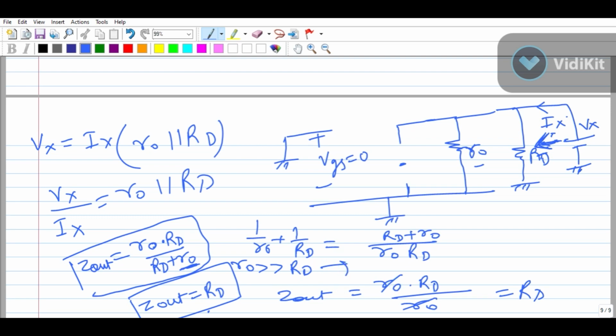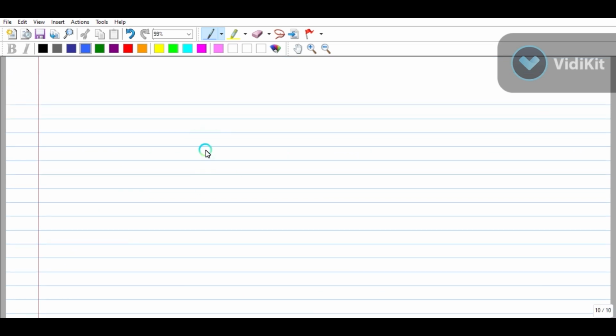Now let's move to the next page. Okay, I want to discuss one example, so let me draw. There is input, and this is V bias.